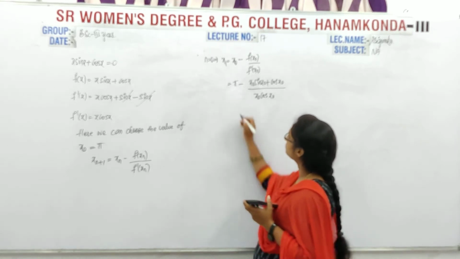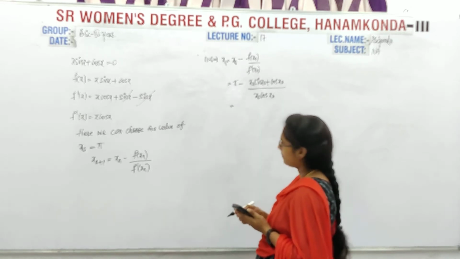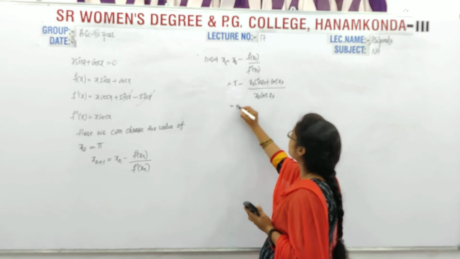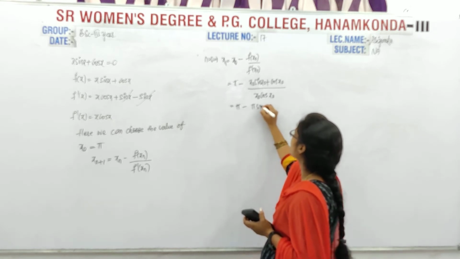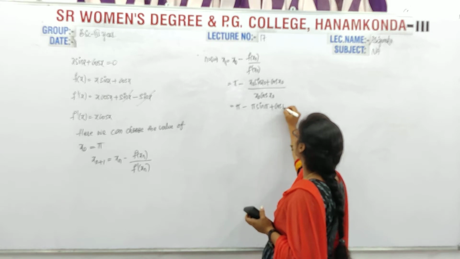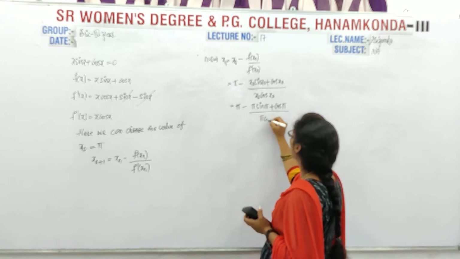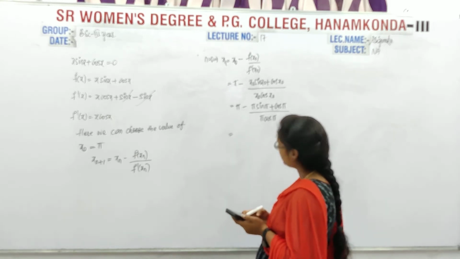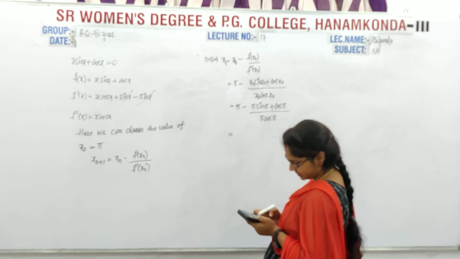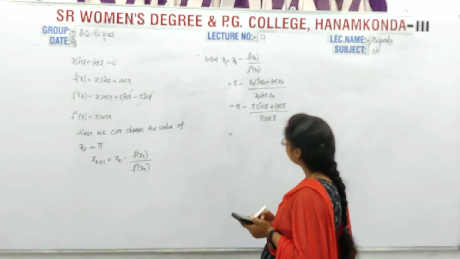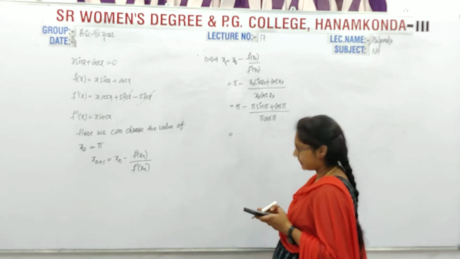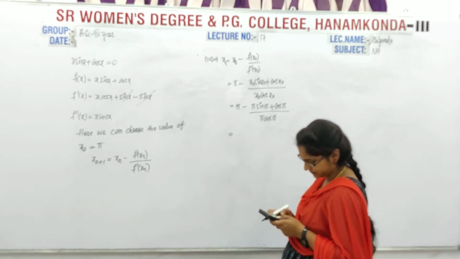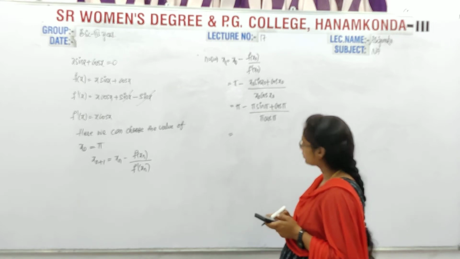Now here, pi minus, what is the x naught value? Pi. Now pi sin pi plus cos pi by pi cos pi. Pi into sin pi is equal to 0, plus cos pi, which is minus 1.